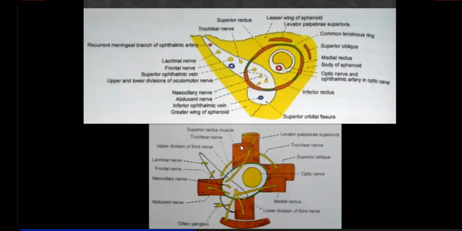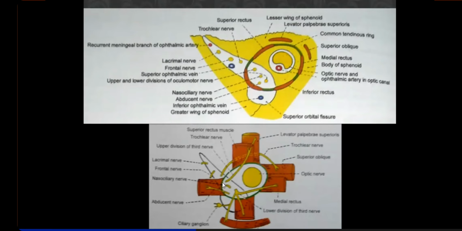So among the recti, you have superior rectus, inferior rectus, medial rectus, and lateral rectus. This will be LPS, which will be dorsal to superior rectus, and this will be superior oblique, which will be supromedial to the medial rectus, right? And a sling formed below the eyeball will be formed by inferior oblique, right? So these are the muscles you're seeing now.